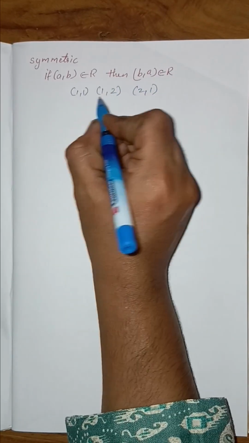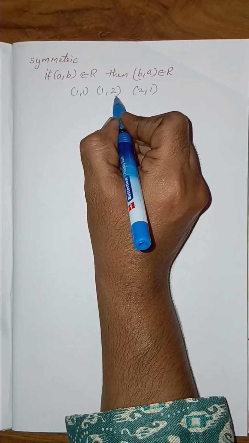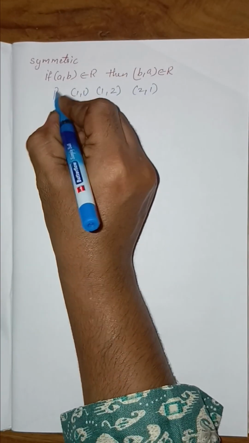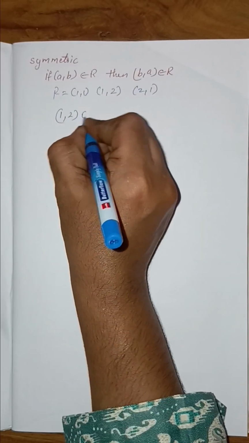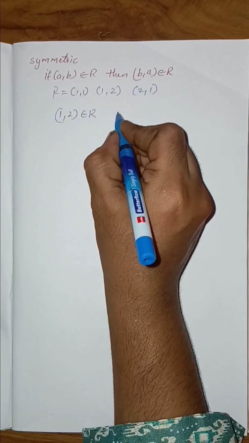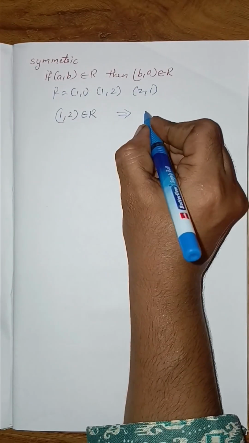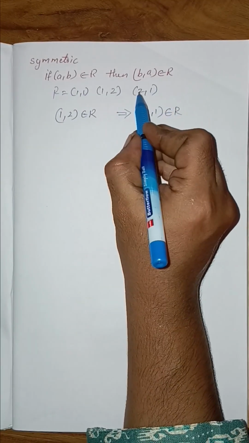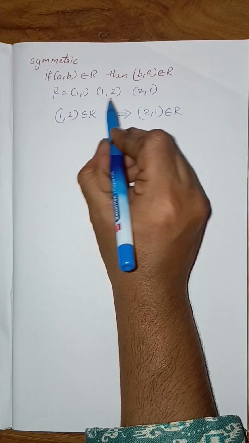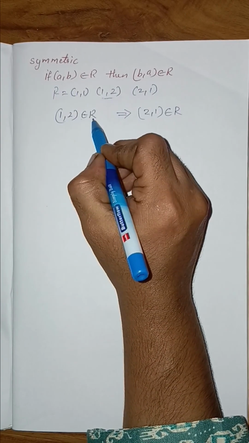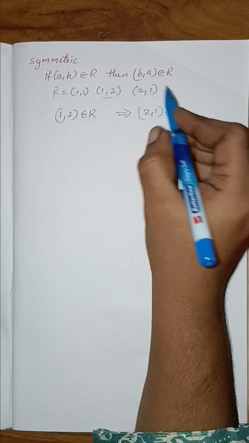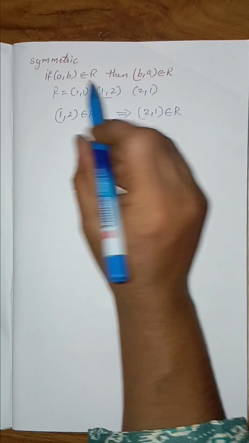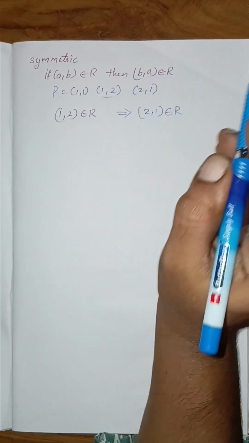If 1 comma 2 belongs to R, then this implies that 2 comma 1 also should belong to R. Obviously 1 comma 2 is there, and we have 2 comma 1 also. Then we call it symmetric.